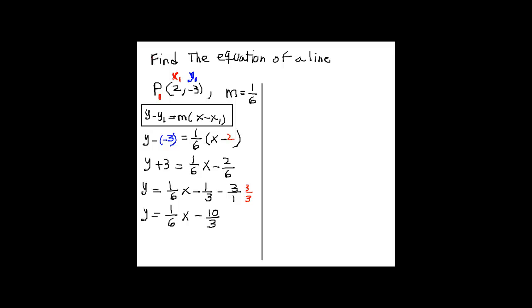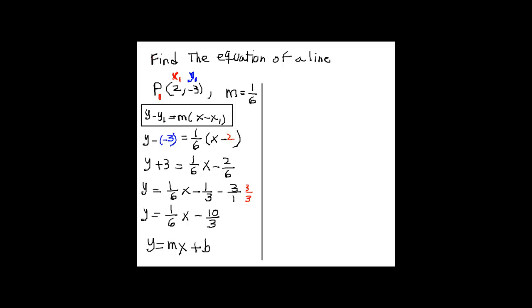So all you do is substitute for each m the corresponding value, which is 1/6, and everywhere you see x1 and y1, you substitute the point and solve. At the end, you have to write it in y is equal to mx plus b form, to see the slope is 1/6 and the y-intercept is -10/3.